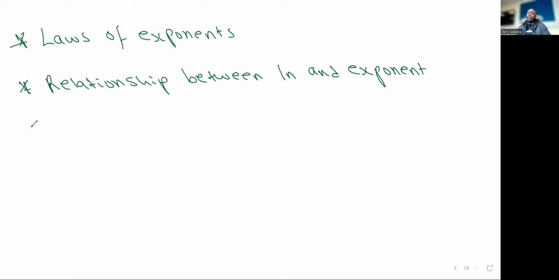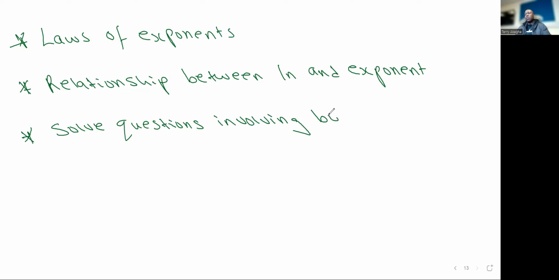Then finally, after I'm done talking about both the laws of exponents and the laws of logarithm, I'm going to solve some questions involving both logs and exponents.